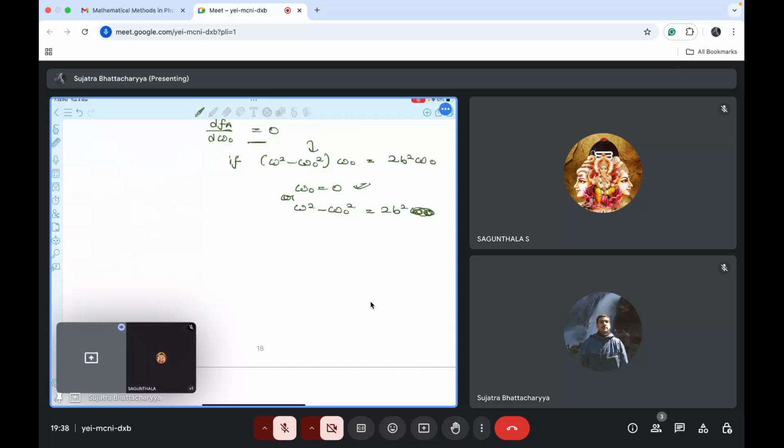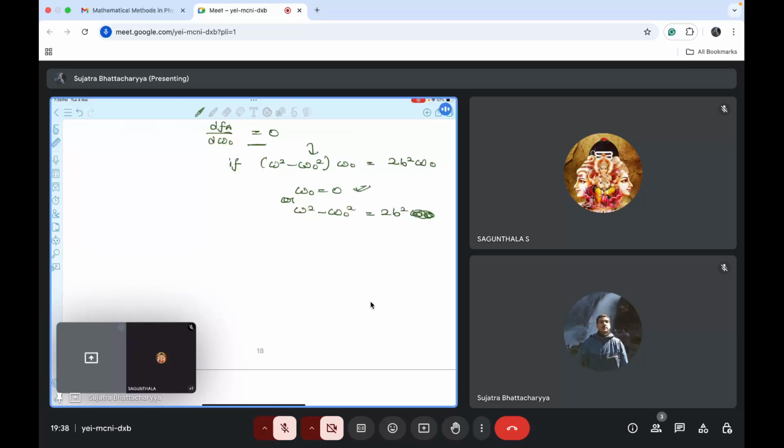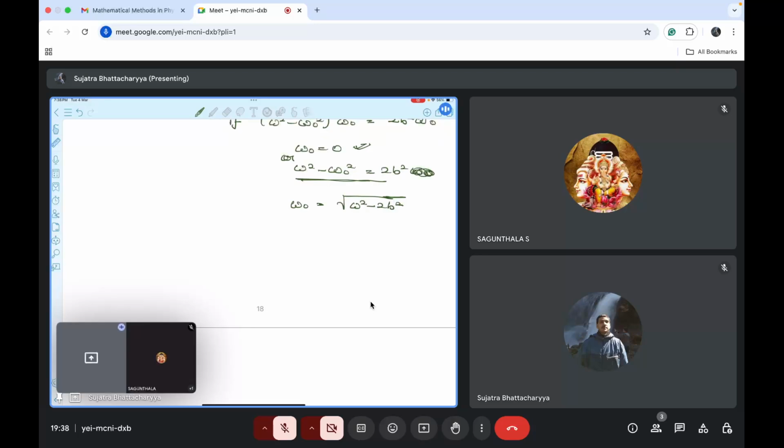This does not have any meaning because if omega naught is 0, it is a constant function, so there is no meaning of a cosine amplitude. So we will stick to this and write omega naught as omega square minus 2b square. And we generally call this the resonance frequency.